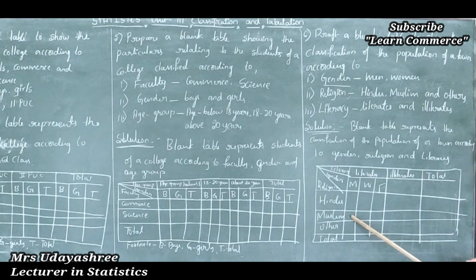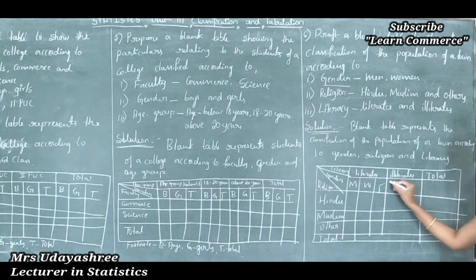Like that, this column indicates literate men Muslim people, and this column indicates literate women Muslim people, and this column indicates total number of Muslim literates, and this column indicates the literate men other people, and this column indicates literate women other people, and this column indicates total number of literate other people. Like that, this column indicates total number of men literates, and this column indicates total number of women literates, and this column indicates total number of literates.